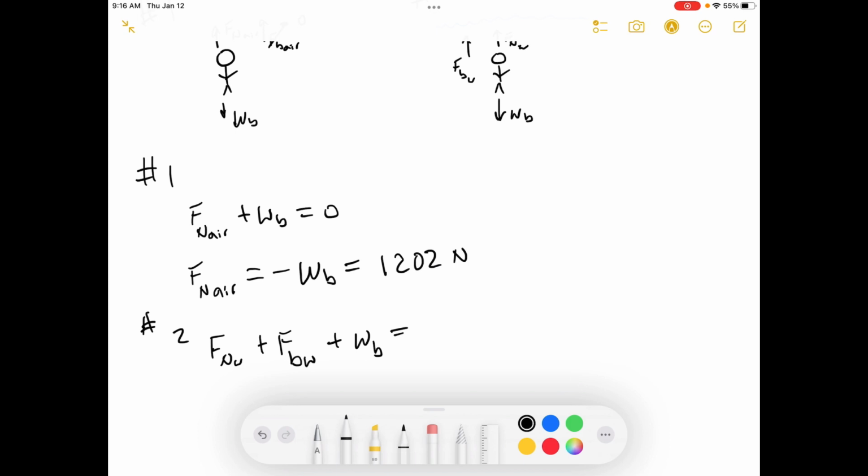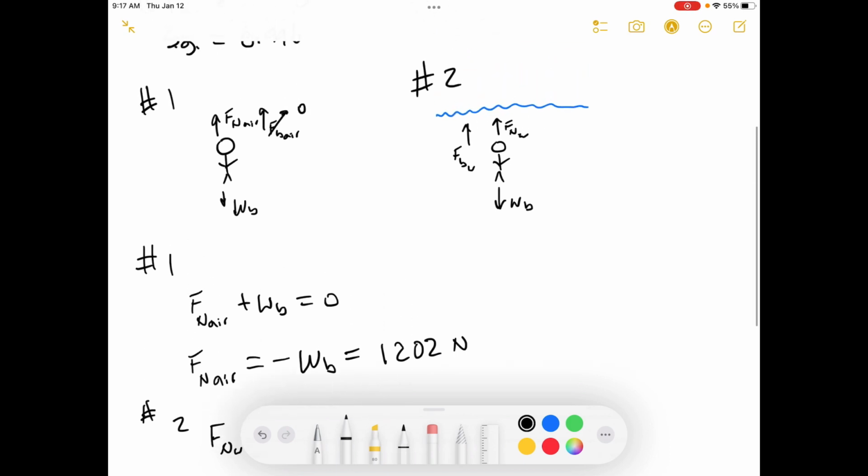We know that scales don't read the weight force, they read the normal force, because the scale only reads whatever the equal and opposite reaction is to you standing on it. That equal and opposite reaction is the normal force. It's not the buoyancy force, because the buoyancy force's equal and opposite reaction is acting on the surrounding water.